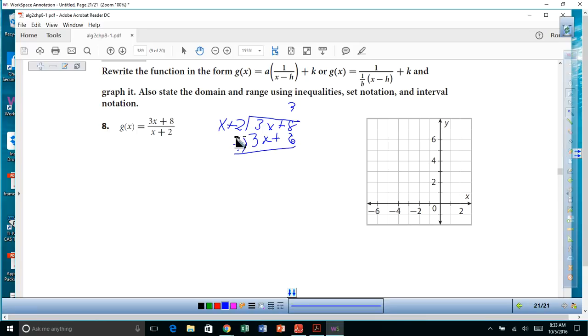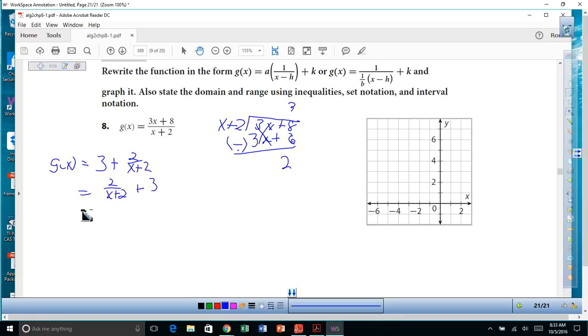We're going to subtract that. Those cancel out, and you've got 8 minus 6, which gives you a positive 2. So we can rewrite that as g of x equals 3 plus 2 over x plus 2. Now you're used to seeing it as 2 over x plus 2, plus 3.